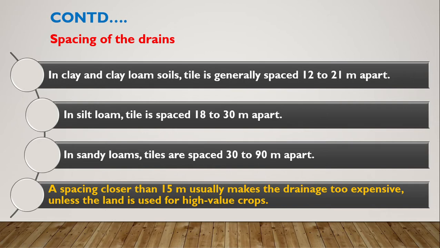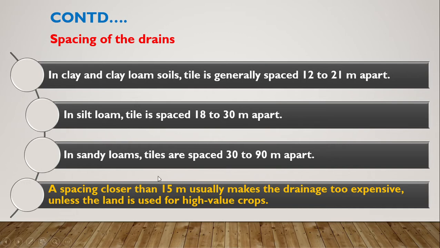I am sorry, I made a mistake there. In clay soil, the water holding capacity is higher, and the water will not be permeable. So we need the drains at some closer spacing.